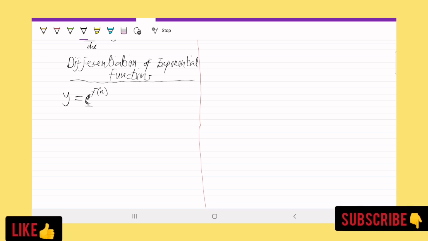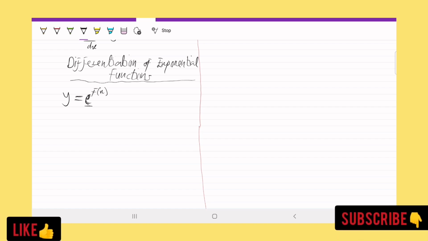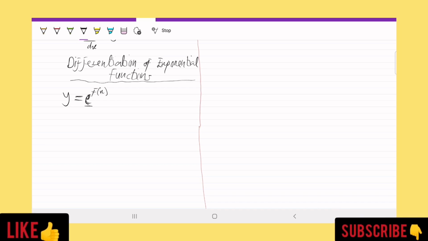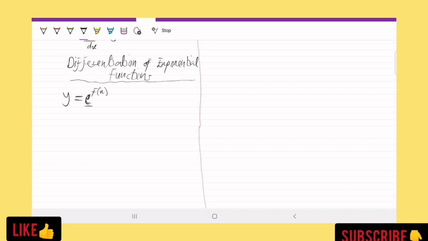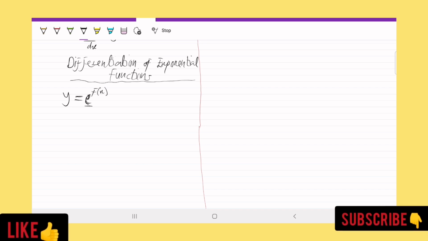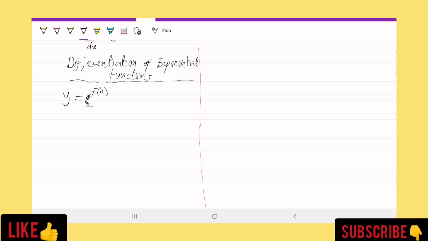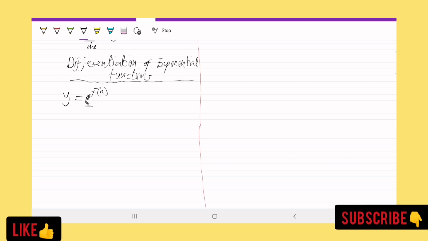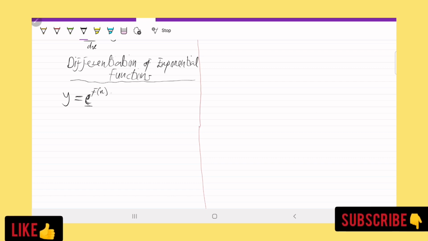We are looking at how we differentiate such a function. It's the same principle as the general rule for differentiation, but here you differentiate the function at the top, the f of x.